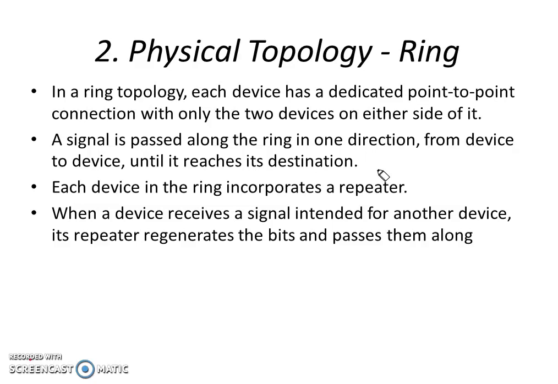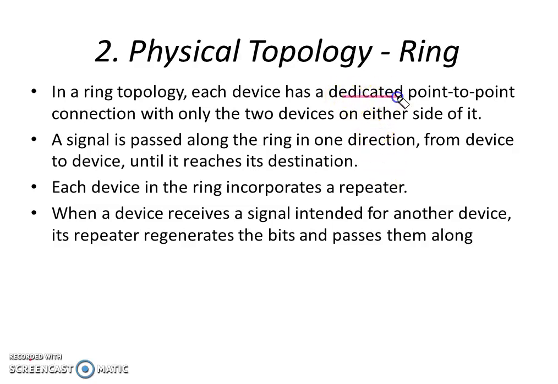So in a ring topology, the nodes are connected using a dedicated point-to-point connection with only the two devices on either side of it. A signal is passed along the ring in one direction from device to device until it reaches its destination. So that is the main concept.